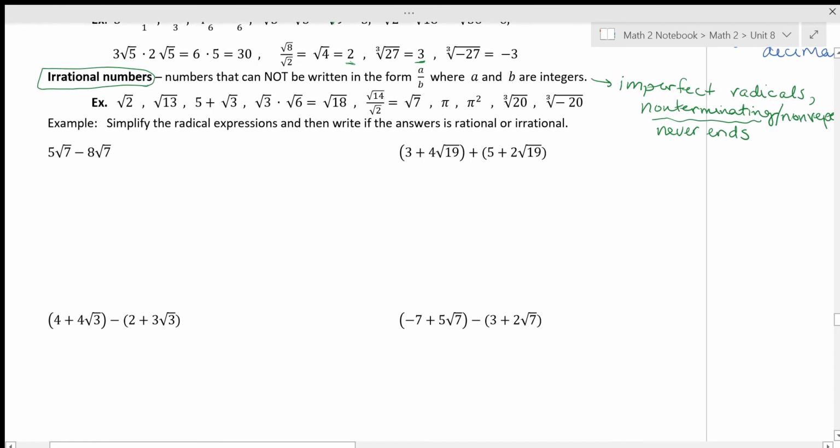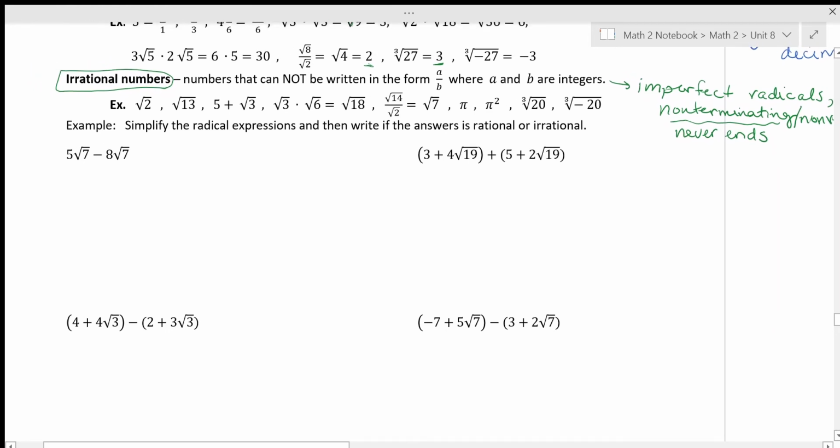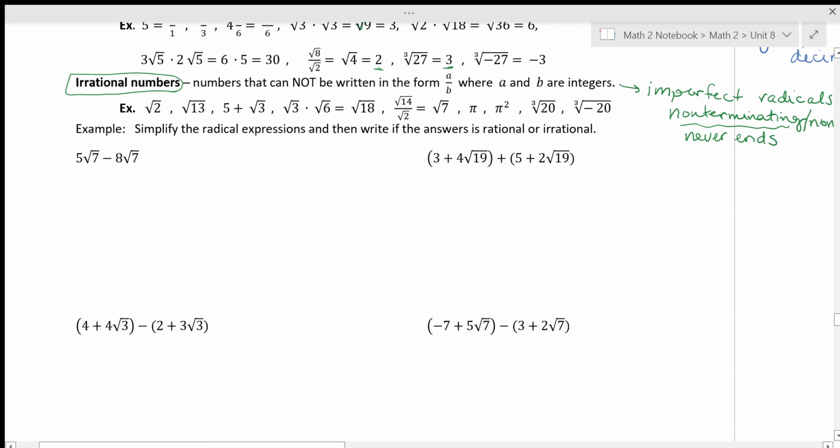So simplify the radical expressions and then write if the answers are rational or irrational. So when we're adding or subtracting radicals, they act like variables, and I've said this before, which means that the terms have to have the same radical in order for us to add or subtract them, and then when we add or subtract them, the radical doesn't change, just the number in front does.